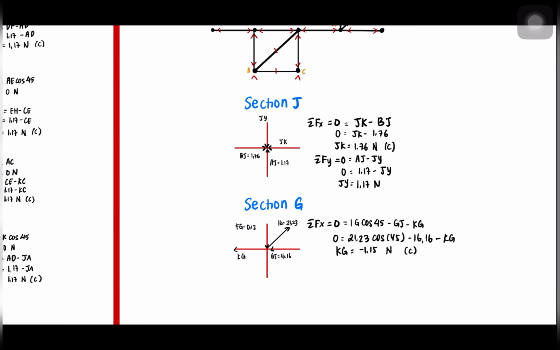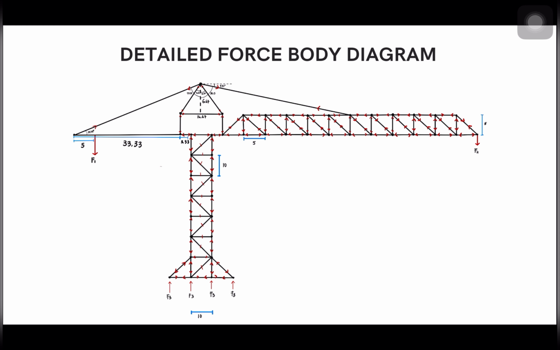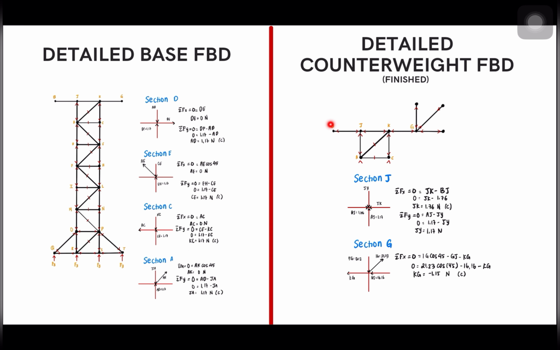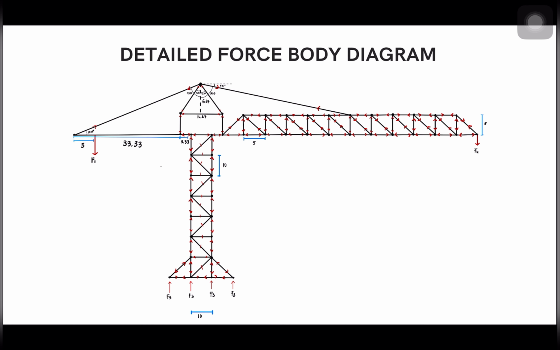Our assumption was going away from the pin, so we put tension, but because the result is negative, it is going to the pin. Since it is going to the pin, the answer is in compression. That means we have finished all of the counterweight FBD analysis.